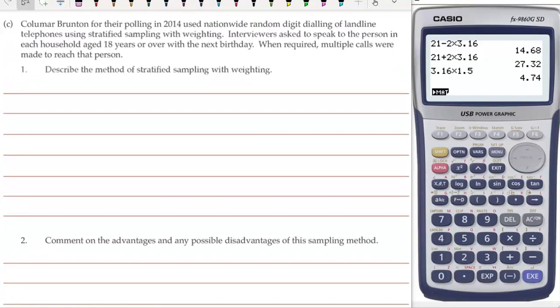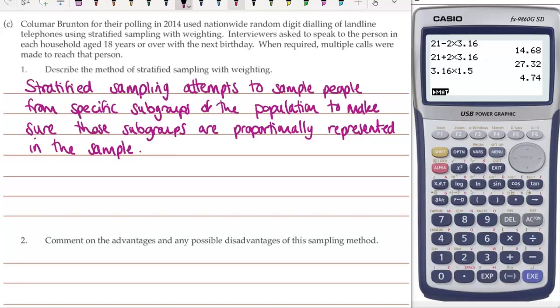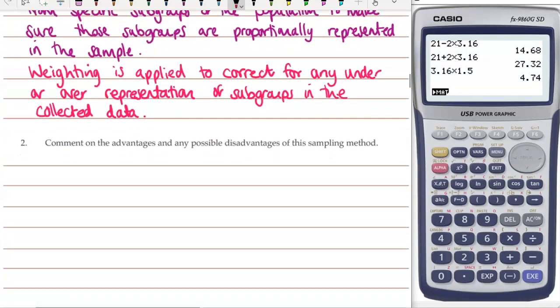Okay, so for this one we're describing stratified sampling and then weighting. Stratified sampling is where you know that subgroups exist within your population and you try to sample them proportionally to match what you would expect in your population. Then weighting is applied to those groups to make sure that they do actually represent that proportion of the population.